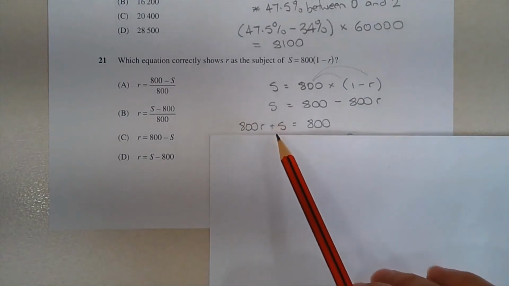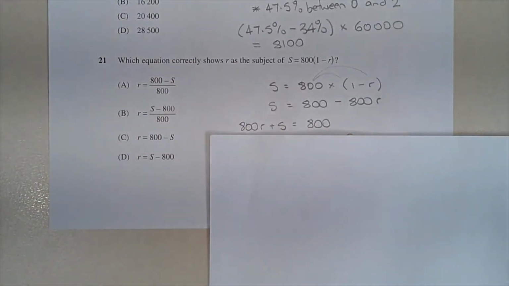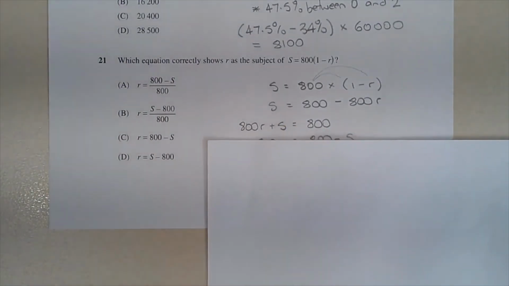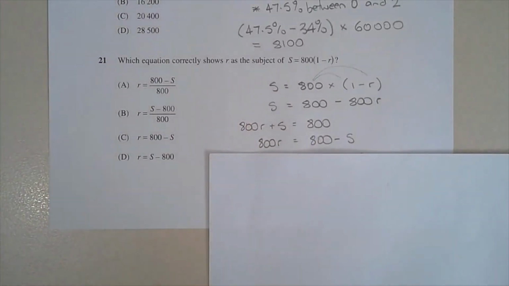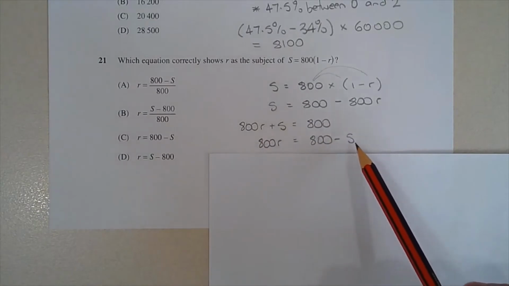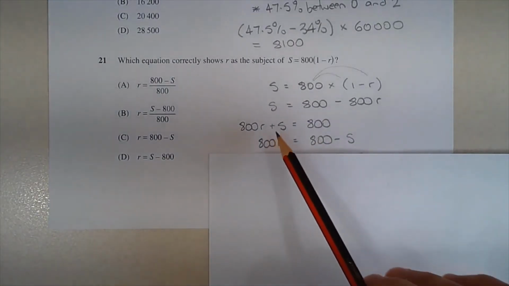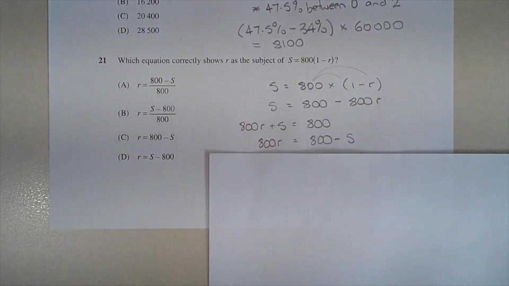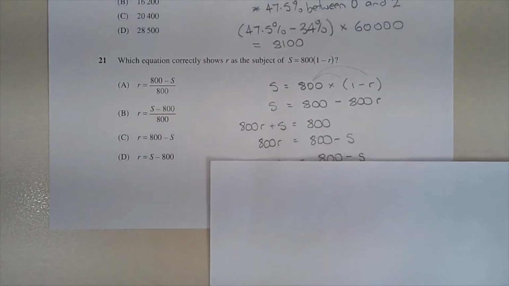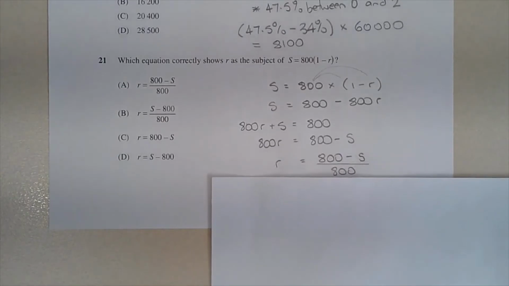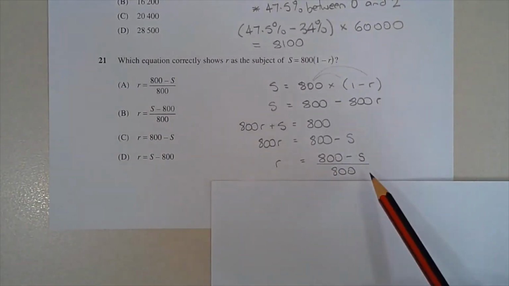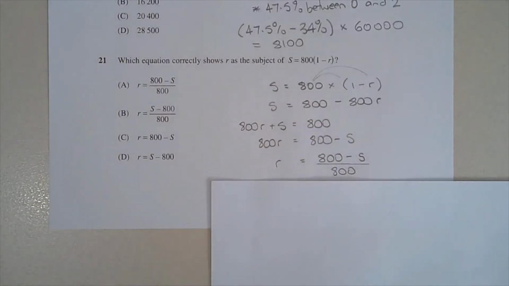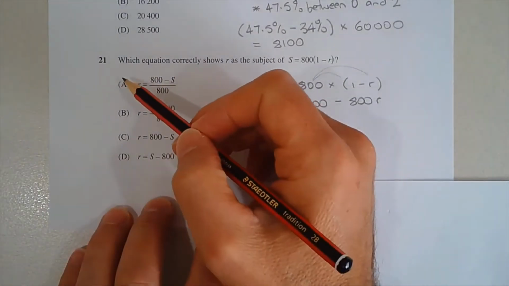So this positive S, you could move that over and it becomes negative S, or just subtract S from both sides. So we have 800R, so that stays where it is, equal to 800 minus S. So this plus S becomes minus S on this side. And of course we'll need to divide both sides by 800 to have R the subject of the formula. So R equals 800 minus S all over 800. So the answer is option A.